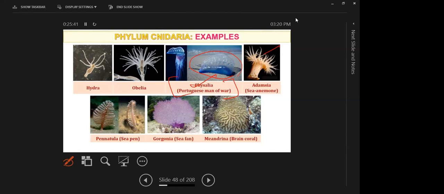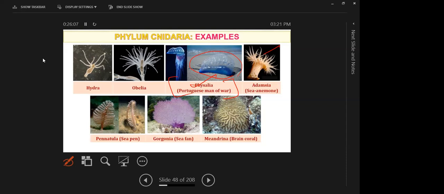Nobody knows? Oh my God, Hippocampus. What is seahorse? Seahorse is a fish. So totally different. It's a chordate. Sea lily, sea urchin, all these are echinoderms. So it's so confusing. Just like silverfish. Silverfish is what?